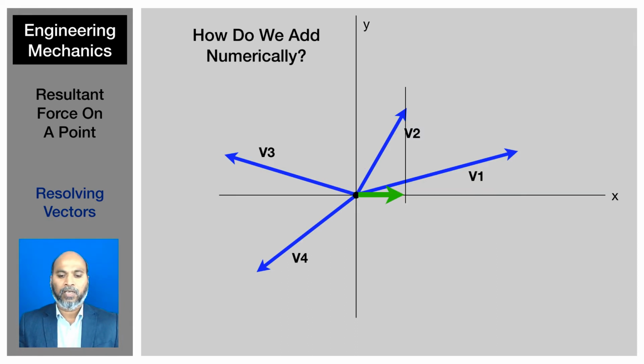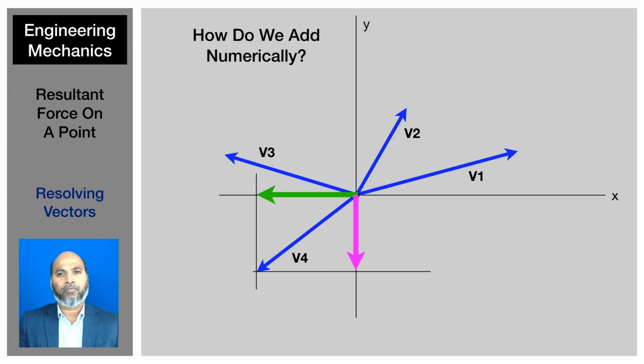Very simple. This is the x component for V2, and that is the y component for V2. And I have here the x component for V4 and the y component for V4. So you can resolve any force in the x direction and in the y direction.